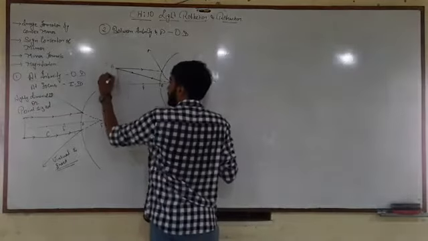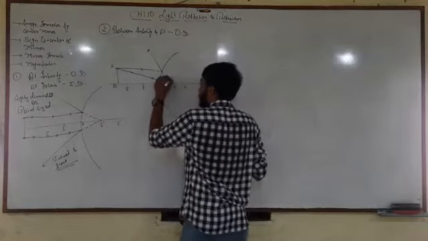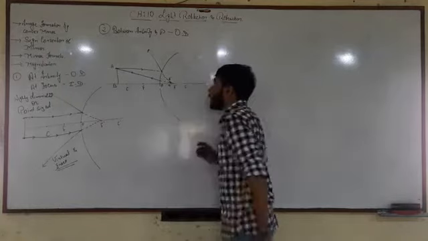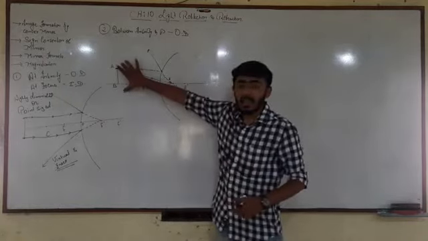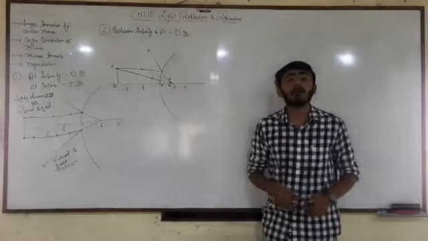If you name these as A and B, then we can say these as A prime, B prime.